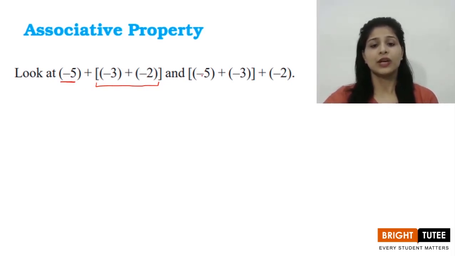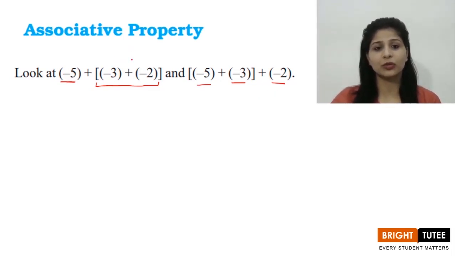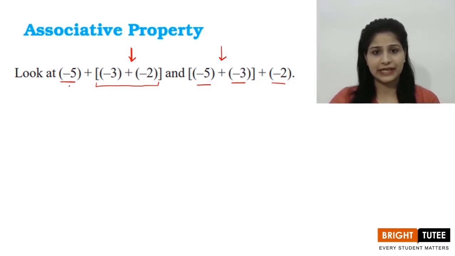Here also the same set of integers is there and we are adding. Here we are first grouping minus 3 and minus 2, and here we are grouping minus 5 and minus 3. Whatever the sum is, we will add minus 2 to it. And here, whatever the sum of minus 3 and minus 2 is, we will add minus 5 to it.